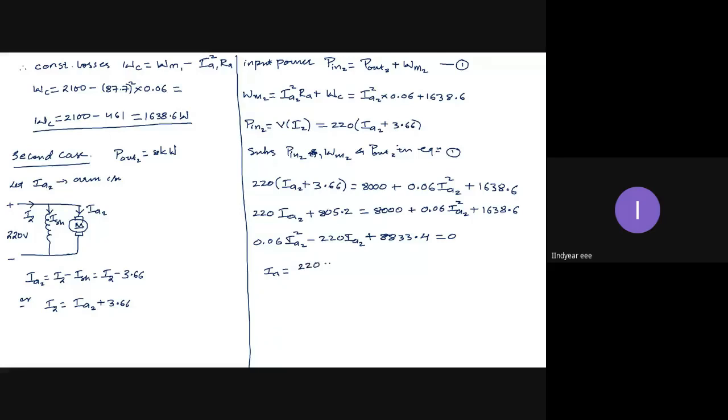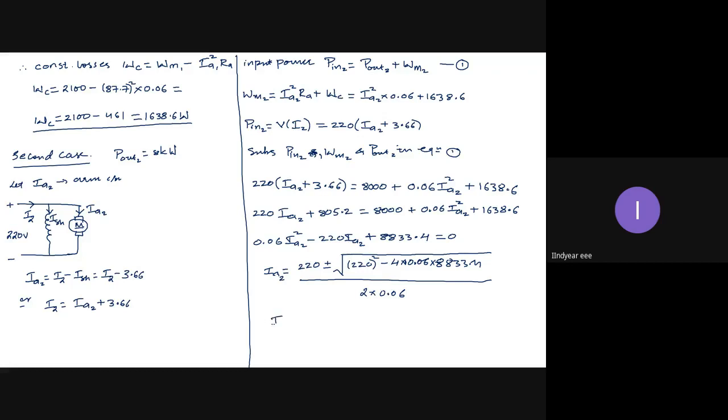So it will be 220 plus or minus root 220 square minus 4 into 0.06 into 8833.4, divided by 2 into 0.06. So I will get two values of IA. This is IA2.